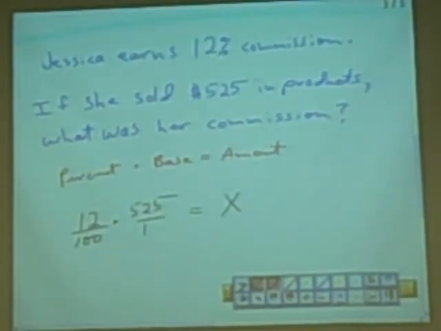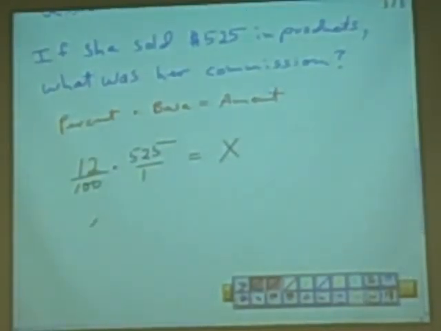Alright, so let's see what that looks like on our calculator. We can go ahead and change this 12 over 100 to 0.12 times 525. So 0.12 times 525, let's go ahead and look at that.